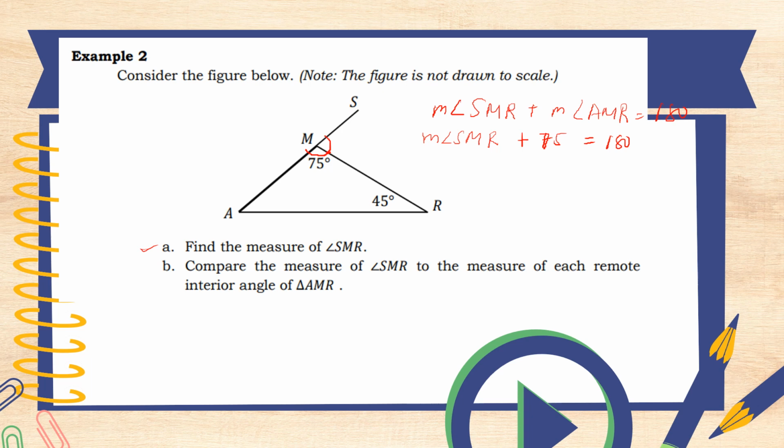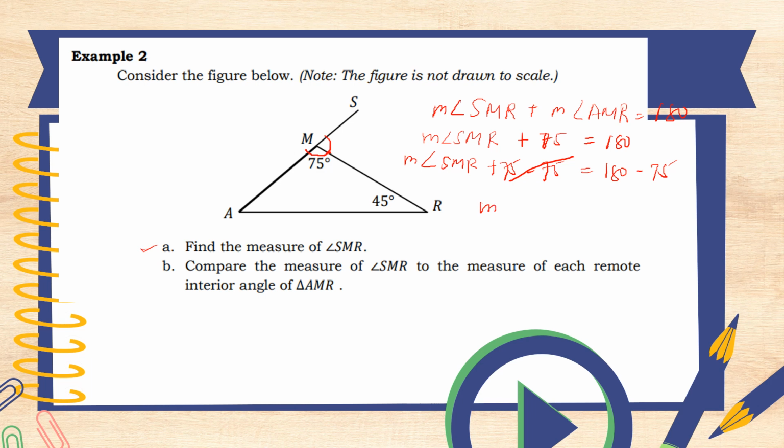Using the subtraction property of equality, we will subtract 75 on both sides. So the measure of angle SMR plus 75 minus 75 is equal to 180 minus 75. Now, by using the identity property, 75 minus 75 is 0.